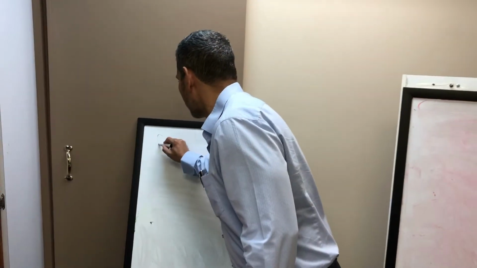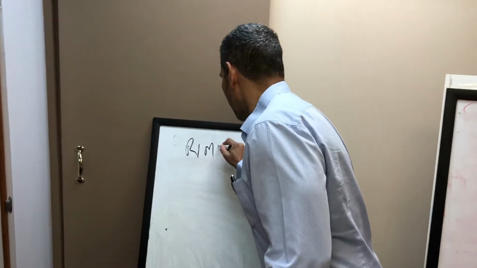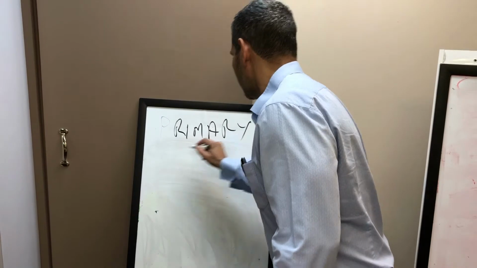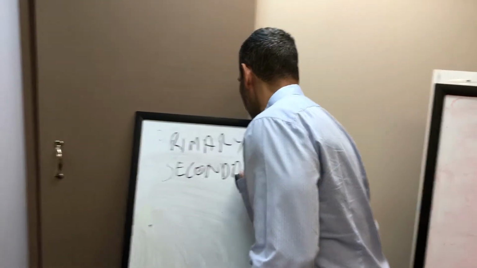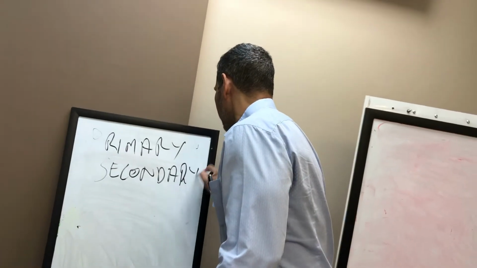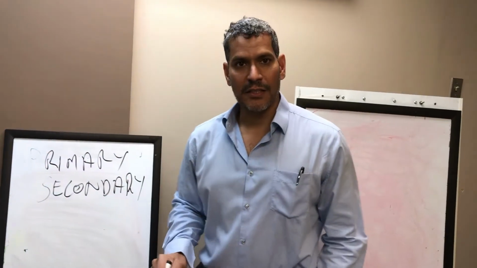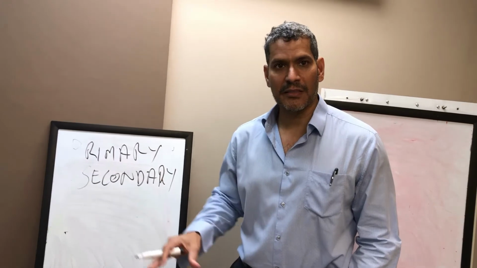And then our next type of classification is going to be primary and secondary. Now, a secondary brain tumor is obviously going to be one that's spread from a distal site.